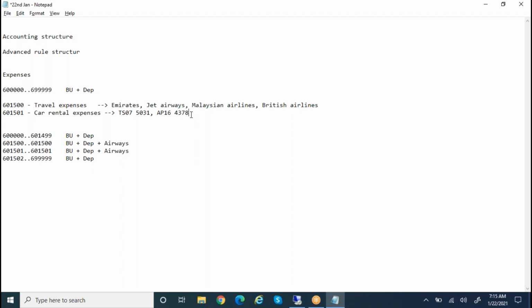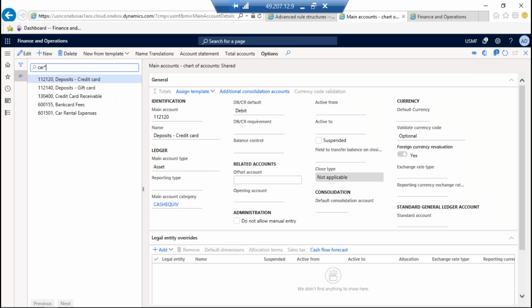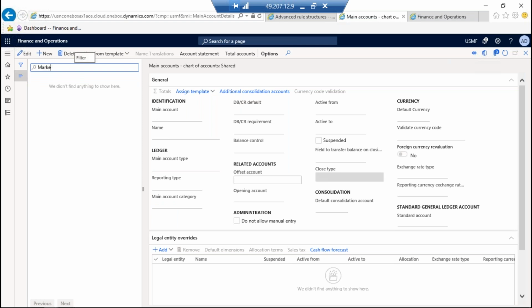Suppose another account like petrol expenditure. No, there is no such expense. Marketing, or advertisement, 601300.